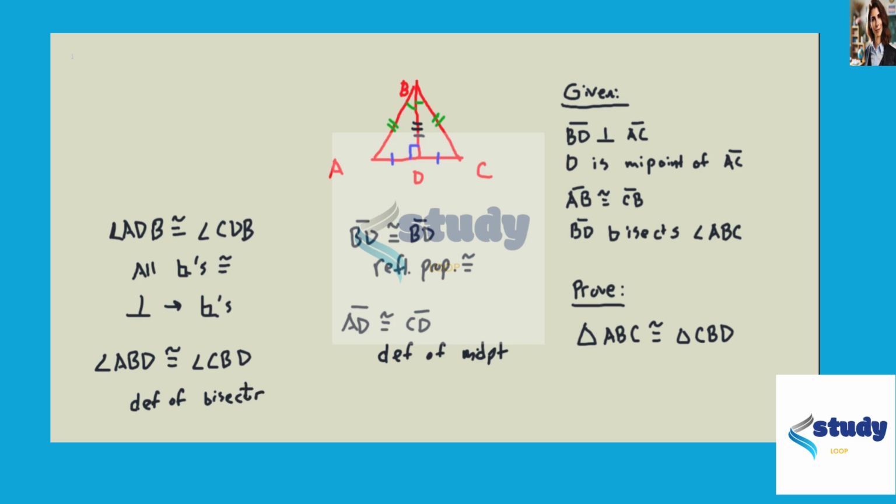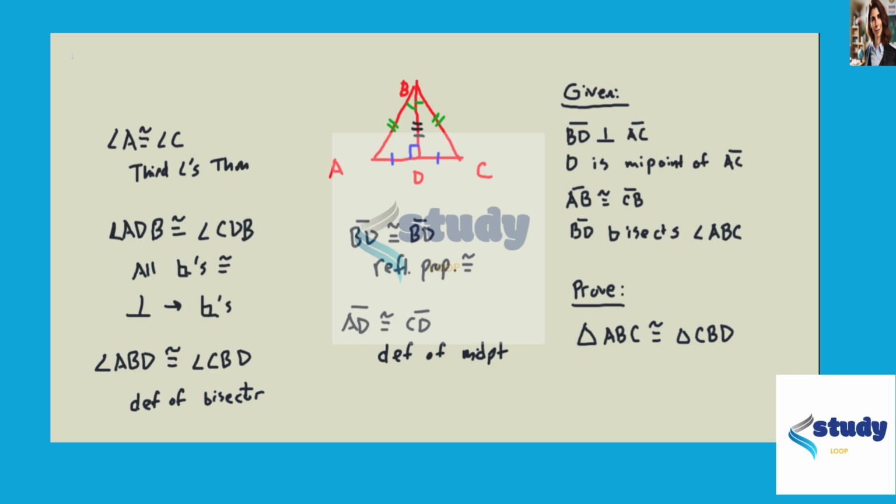So the final piece of information that we need is the final angle A and angle C. Well, angle A is congruent to angle C by the third angles theorem.